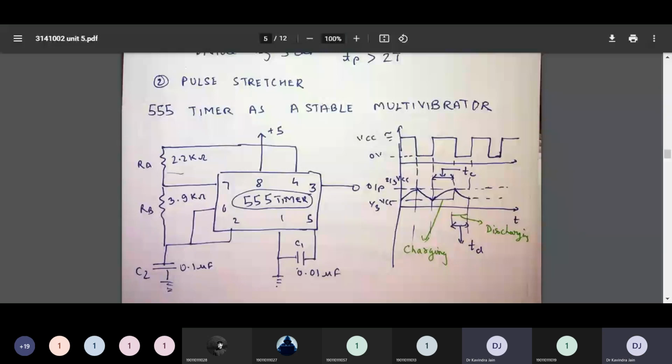Point number 3. Now capacitor starts discharging through RB and Q1.